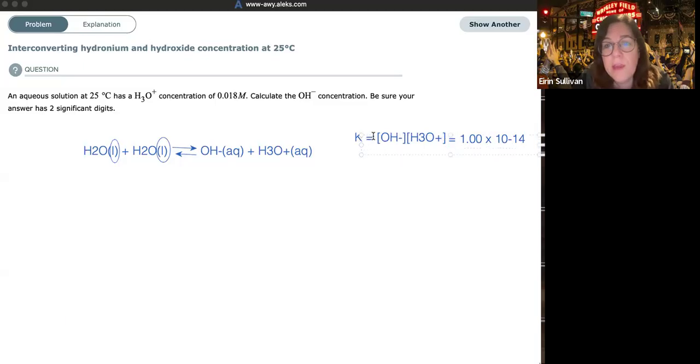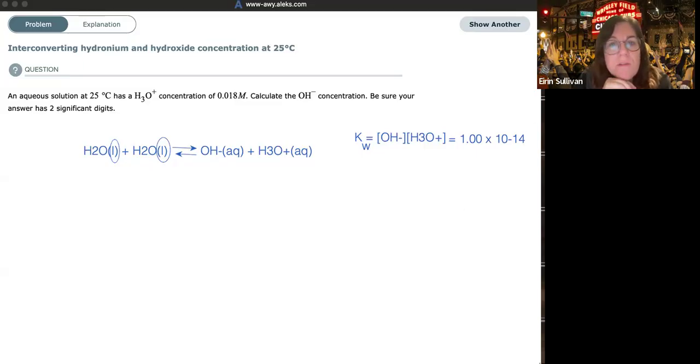So we give our equilibrium constant K a little subscript W to represent the ionic product for water. Just the same as Ka for an acid dissociation, the A means acid. Kb for a base dissociation is B for base, right? Very on the nose. Okay, so we can use this now to calculate the concentration of hydroxide from the concentration of hydronium or vice versa.